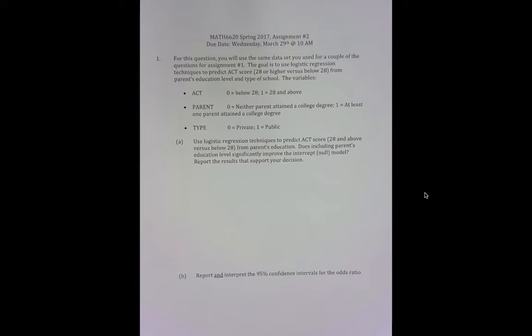We're trying to determine whether a student has an ACT below 28 or 28 and above. This tells us that looking at their parents' education level in terms of making this prediction is better than just flipping a coin. Now, part B, report and interpret the 95% confidence interval for the odds ratio.